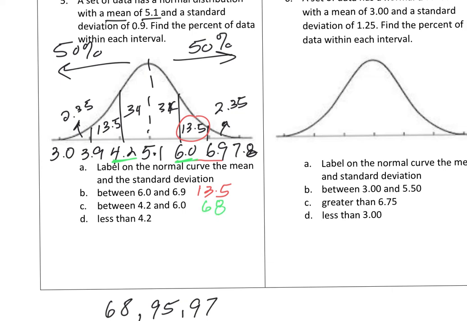If I look at anything less than 4.2, then I take 50 minus 34, and that gives me 16, okay? So those are my numbers, okay?